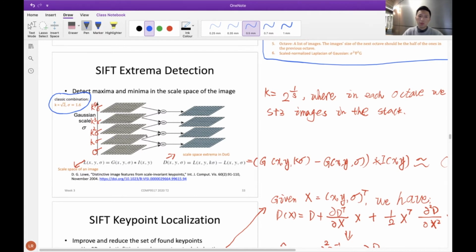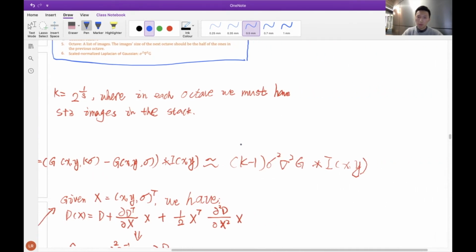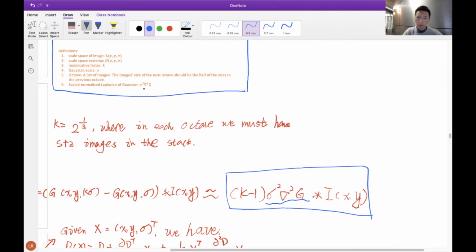And with this, we are able to calculate the scale space extrema by subtraction. This idea is inspired by the difference of Gaussian. The formula is given here, and eventually it's in the format of this. So remember this part as given above. It is the scale normalized Laplacian of Gaussian.